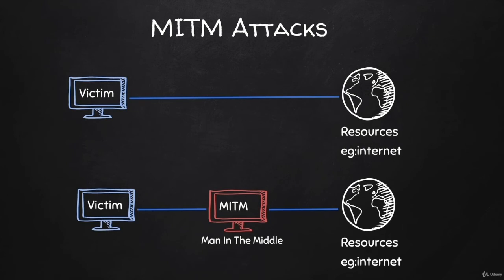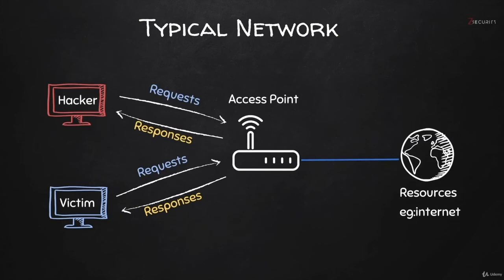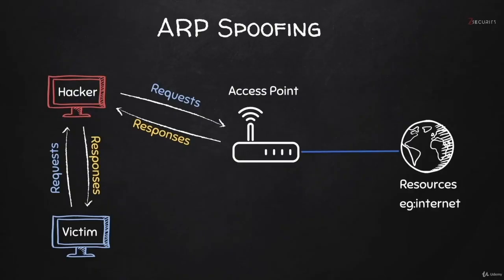Now, there are a number of ways to achieve this. The first method that we'll cover in this course is using an ARP spoofing attack. ARP spoofing allows us to redirect the flow of packets, so instead of it flowing as shown in this diagram, it would flow through my own computer.